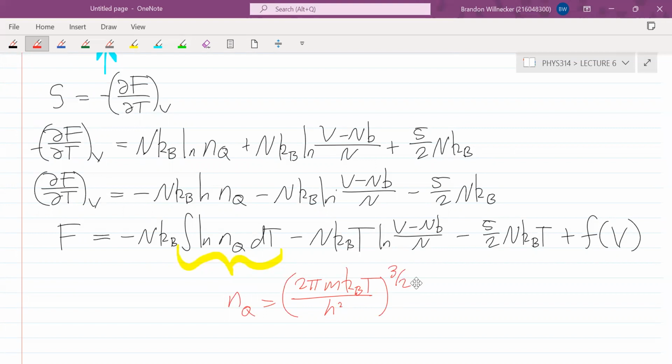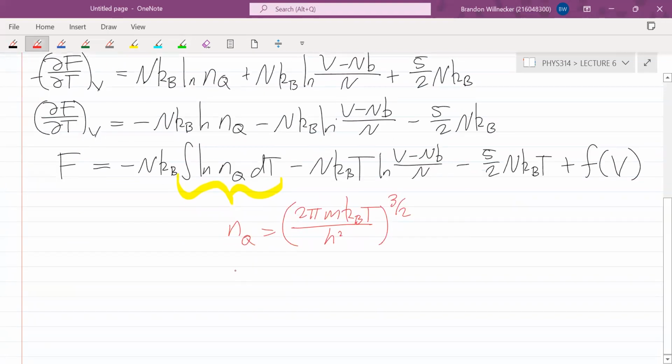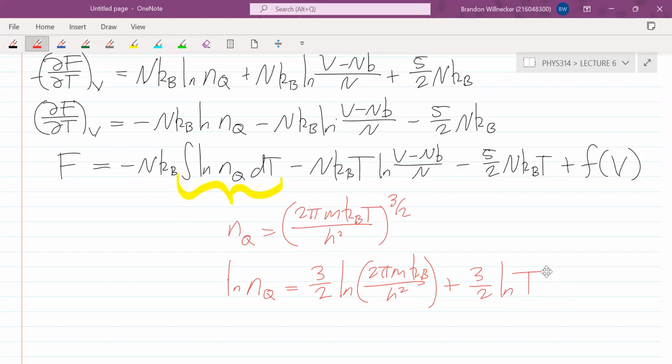Okay, so what we can do is split this up because we're only interested in the T term. So we can write this natural log of nQ as 3/2 natural log of 2 pi m kB over h squared plus 3/2 natural log of T. Okay, because we're only interested in the T part. We're not too worried about the constants in front of it.